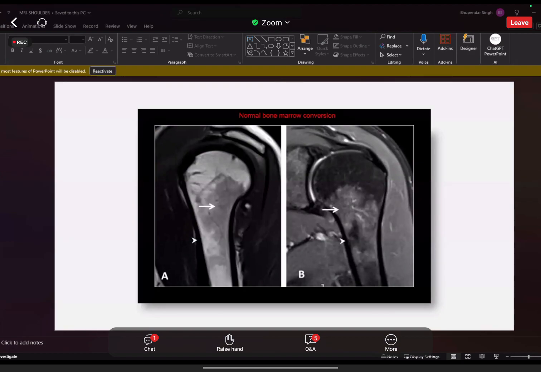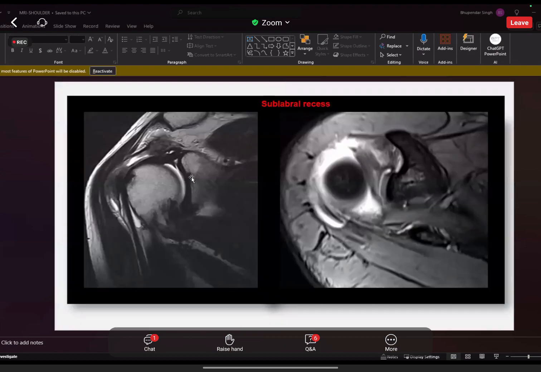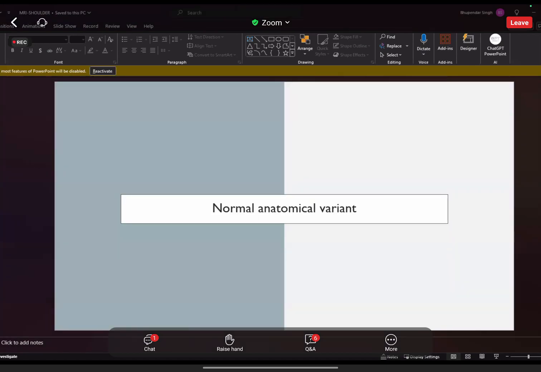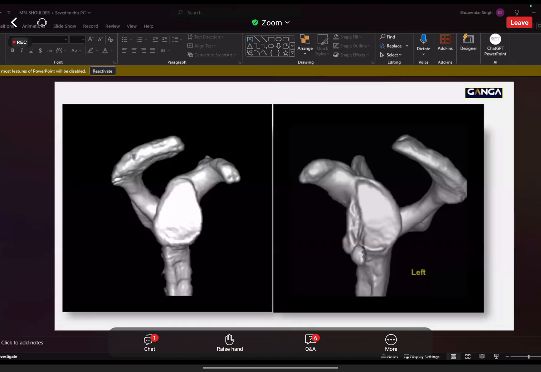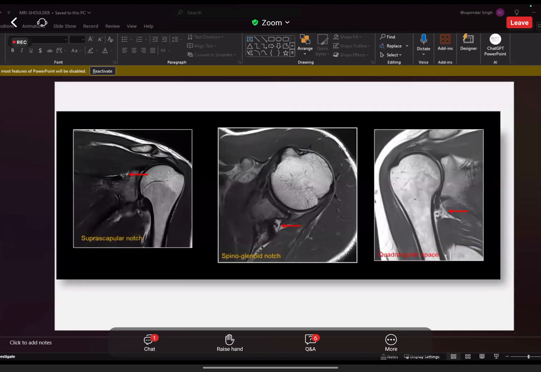The next question is, what is a low-lying acromion? Is it lateral downsloping, or just low-lying? I think he must be asking about the downsloping. Basically, you can see it on the coronal image, or better on radiographs. Whenever you see subacromial space reduction, or any spur impinging, on the coronal images, if the space is reduced and it's indenting on the supraspinatus tendon, that is more important.